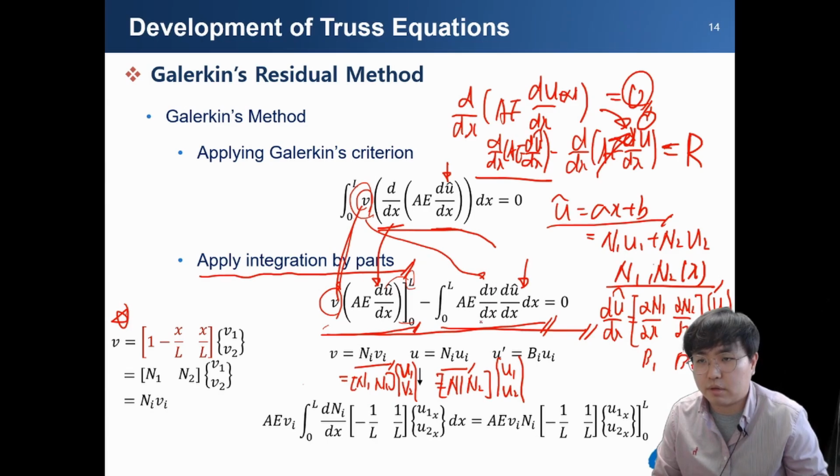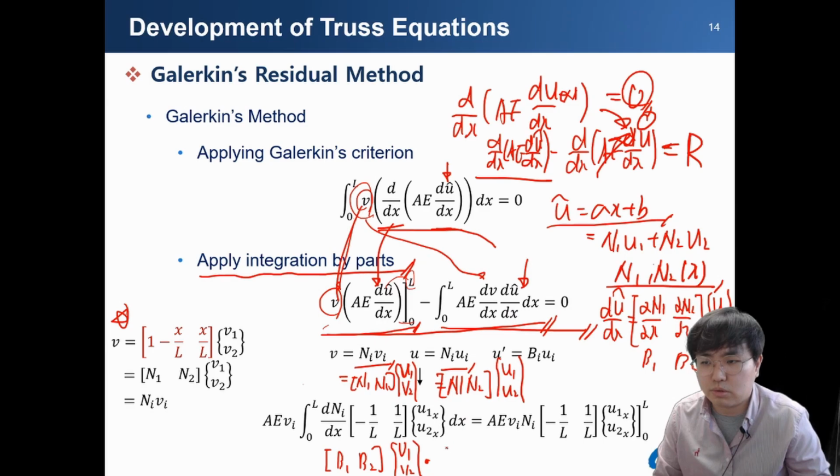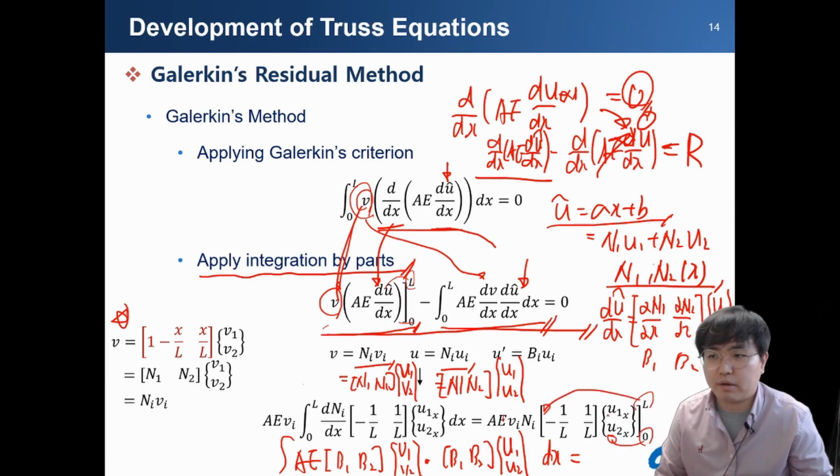Here, v and dv/dx, where dv/dx means v1 b1 and b2, and then v1 and v2, and then multiplication. This also b1 and b2, u1 and u2, and then the remaining A E, and then integration by x, and the remaining part is where you just apply this 0 equal to into the x variable in here.